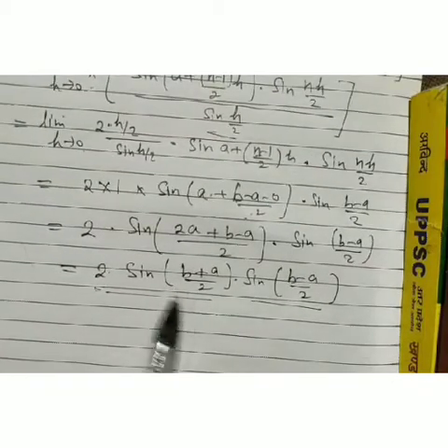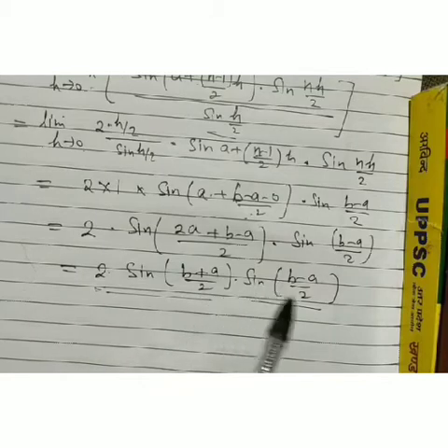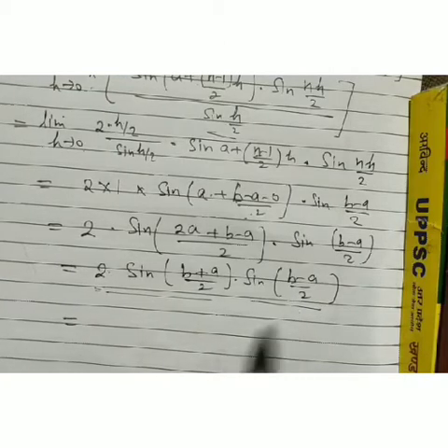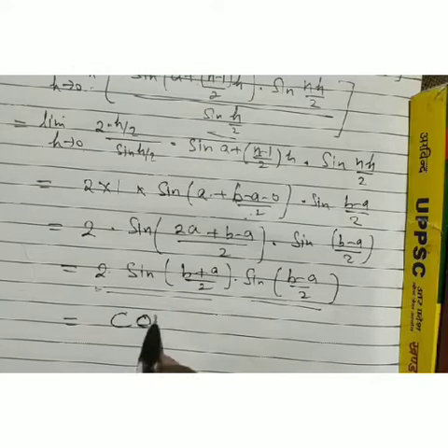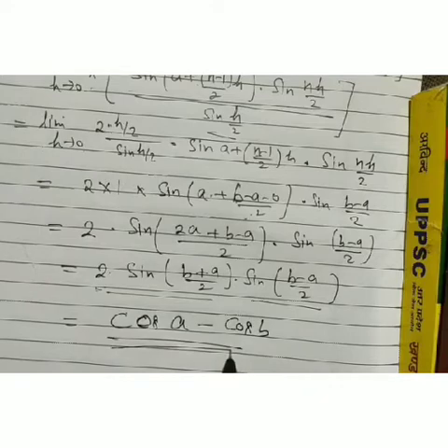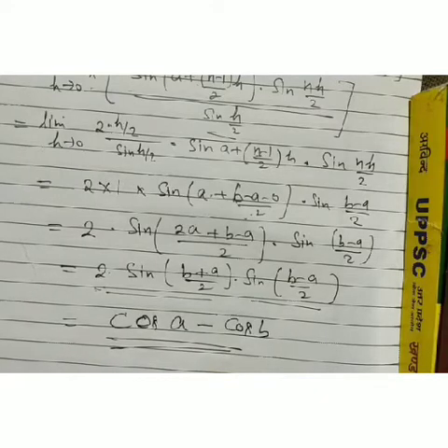Look, it's a formula of 2 sin((c + d)/2) into sin((c - d)/2). When we have cos d minus cos c, then we have cos a minus cos b. This is our required result.